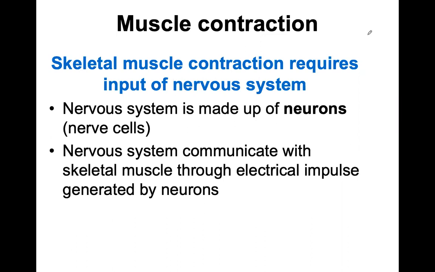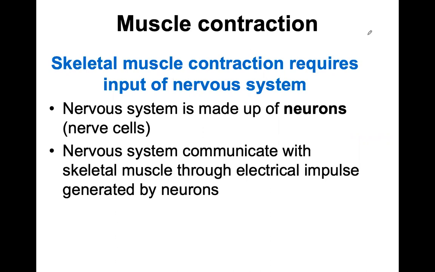Now, when you look back at what you learned for the nervous system, more specifically the somatic branch of the nervous system, we learned that it controls the voluntary movement of the muscles, which implies they control the skeletal muscle movement. So skeletal muscle contraction requires input from your nervous system.